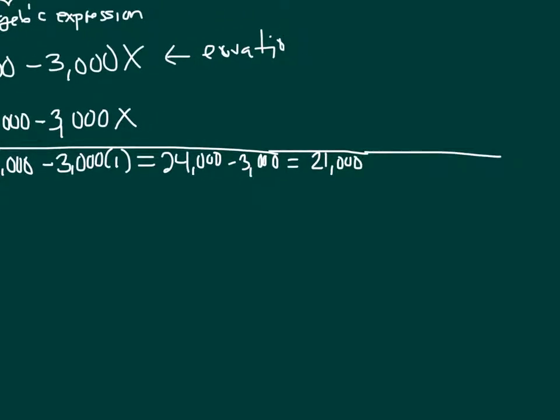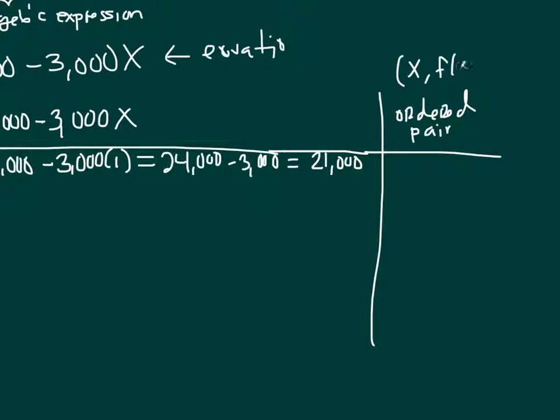What's the ordered pair that I found? What's my X comma G of X? Your input, and I think my output was blue in the last example, there's your output.